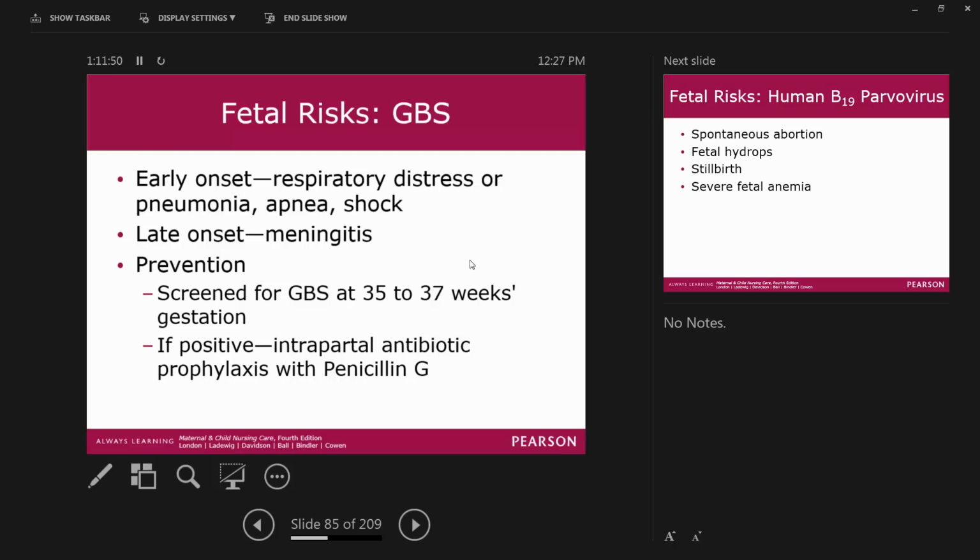So we test about 36 weeks, and if mom is positive, then we will treat her in labor with IV antibiotics. And it's not actually to treat mom, it's to treat the baby, to prevent an infection in baby. Does it cross the placenta? The antibiotic? Yes.